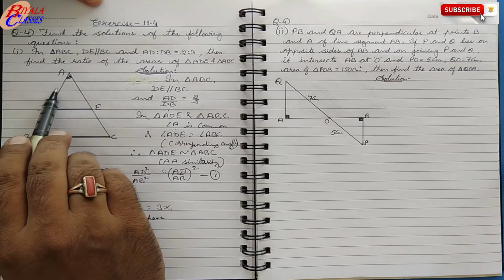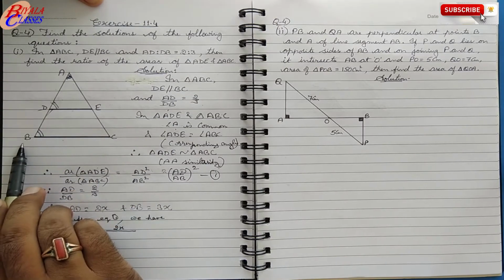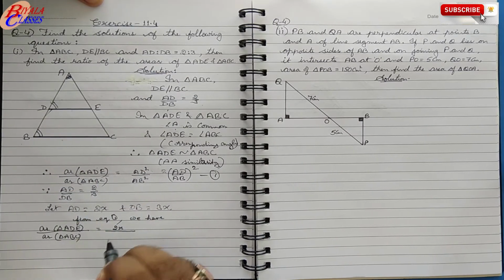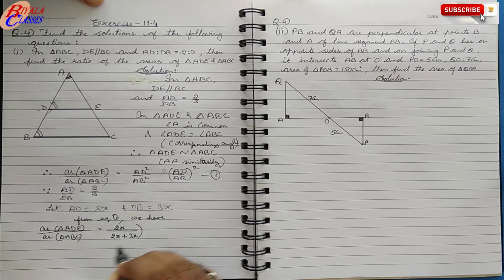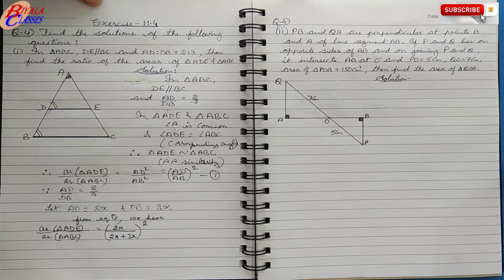Now what about this AB? This AB is AD plus DB, so it can be taken as 2x plus 3x whole squared.